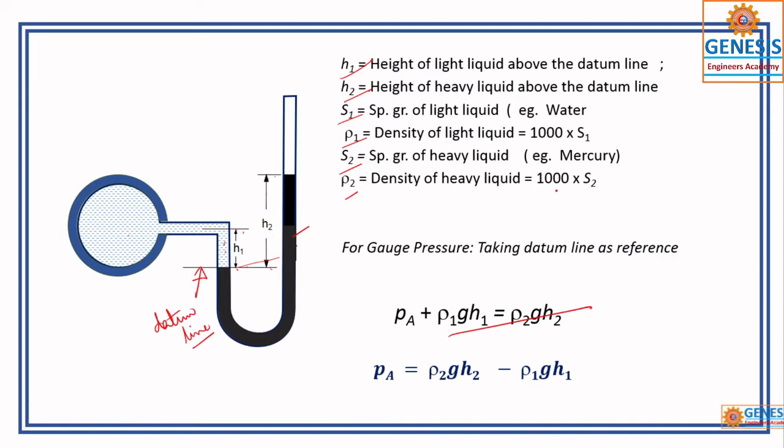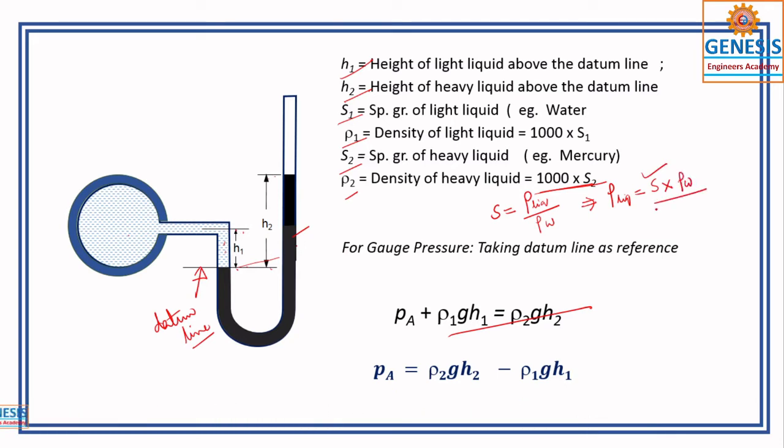Okay, now I have given one equation. How did you get that? Specific gravity is equal to rho of any liquid divided by rho of water. From this equation, rho of any liquid is equal to its specific gravity times rho of water.